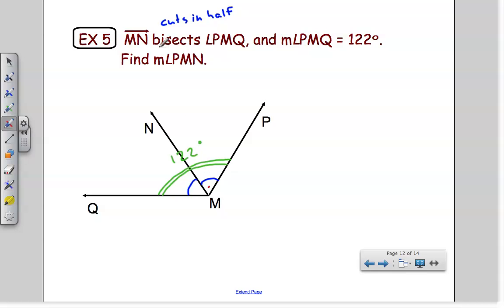Now, if MN bisected that angle, we cut it in half. These two are congruent. So really, I'm just doing 122 divided by 2. Each of these congruent angles, because of the bisecting, would be half of that 122. So measure of angle PMN is 61 degrees. Each of these would be 61, giving me a total of 122 because it was bisected.